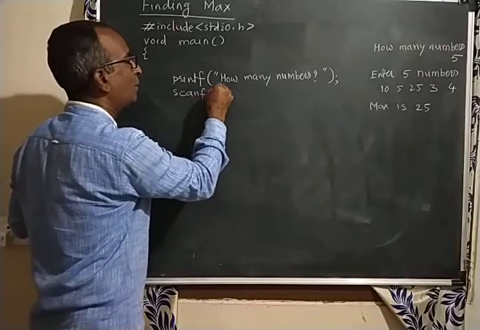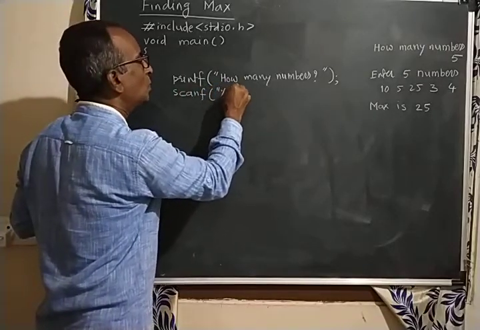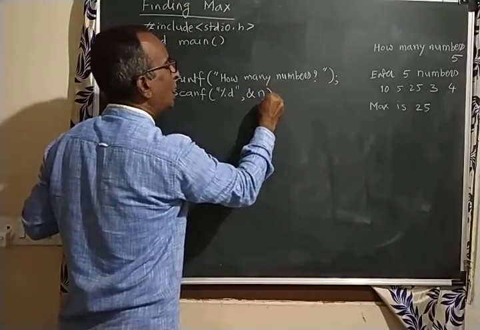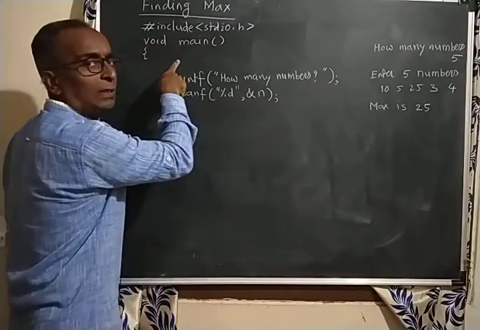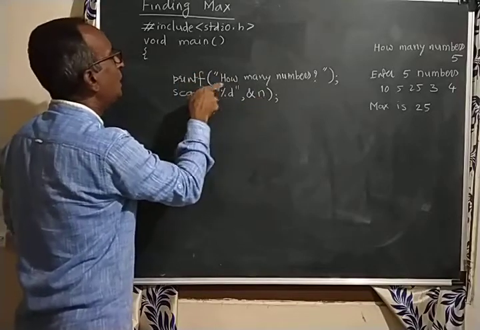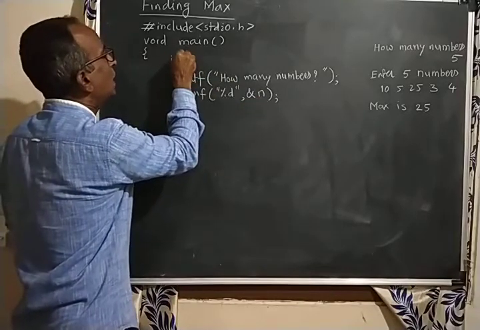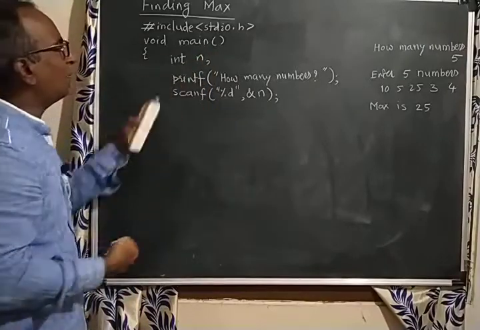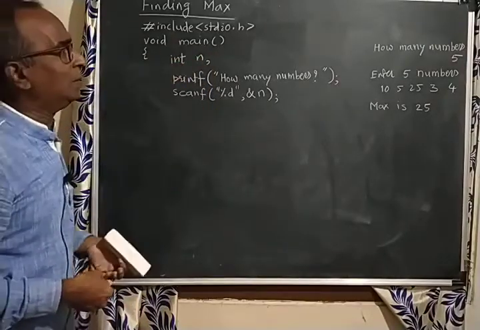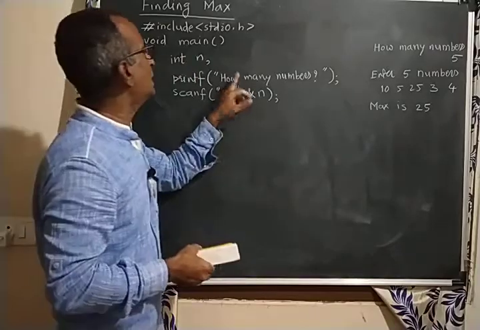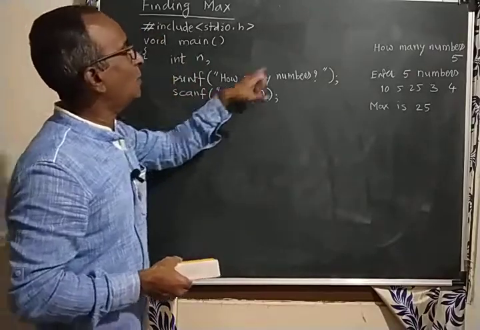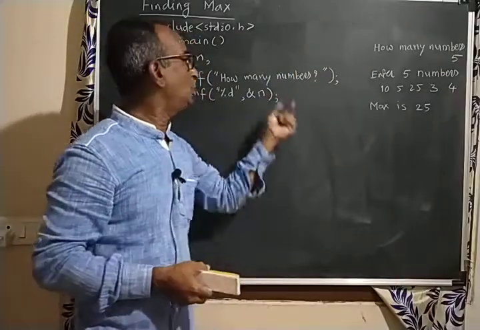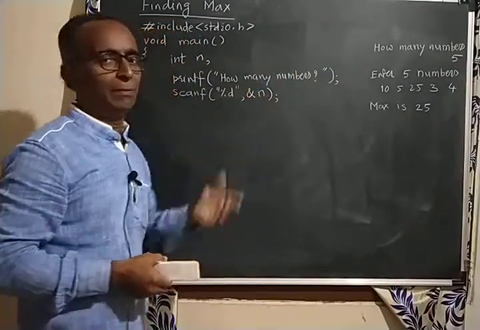So scanf, I am reading an integer value, so %d and ampersand n. Have I declared n here? No. What is the type of n? Integer. So I declare int n. As per the requirement, we will declare all the variables. When you execute this program, "how many numbers" will be displayed, then when you enter the value, that value will be stored in n.